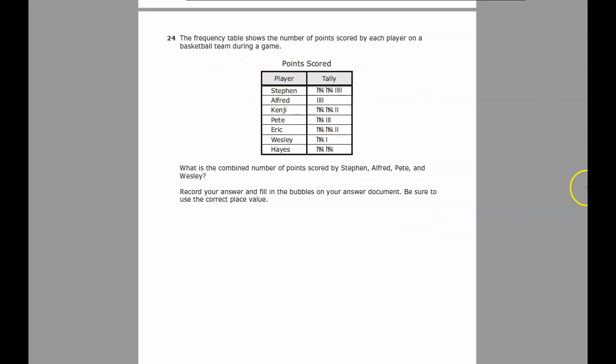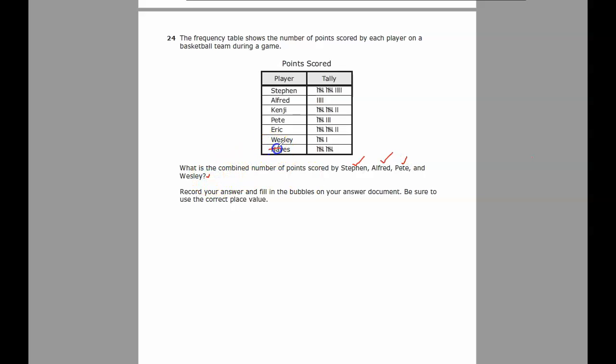The frequency table shows the number of points scored by each player on a basketball team during the game. What is the combined number of points scored by Stephen, Alfred, Pete, and Wesley? So we have a frequency table here, and remember we always need a label, so we need to label all these numbers. And we're looking for Stephen, Alfred, Pete, and Wesley.